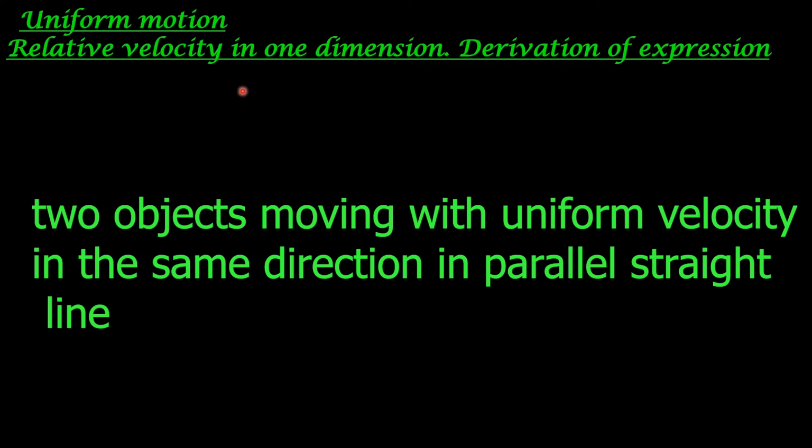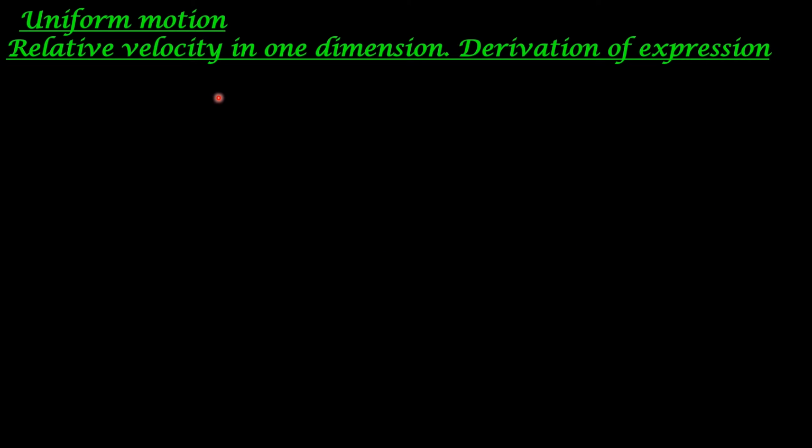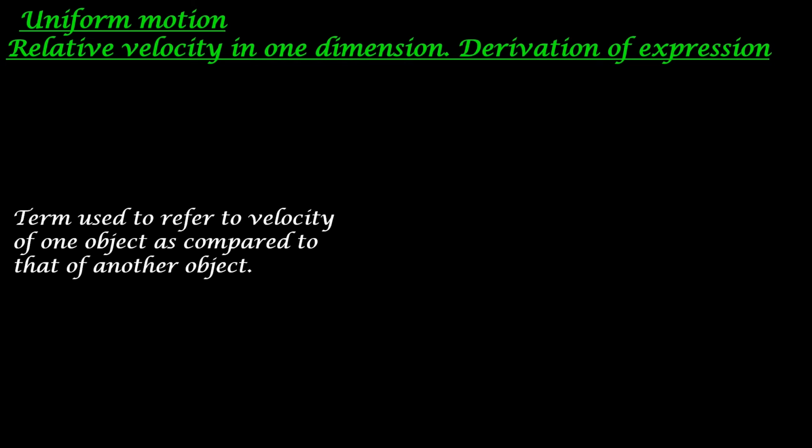Now we want to refer to the velocity of one object, say velocity of object B with reference to, or as compared to, the velocity of object A. Then we use the term relative velocity. So this term is used to refer to velocity of one object as compared to, or with reference to, that of another object.